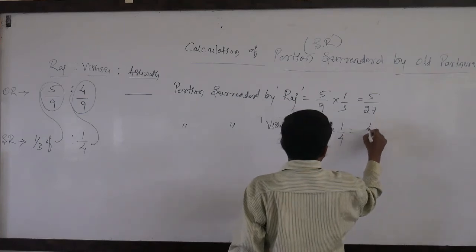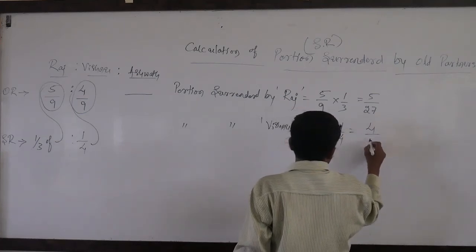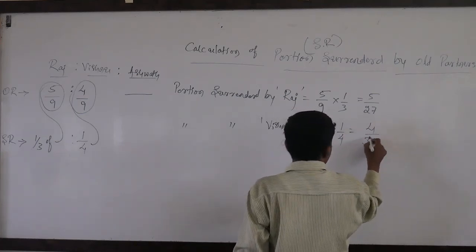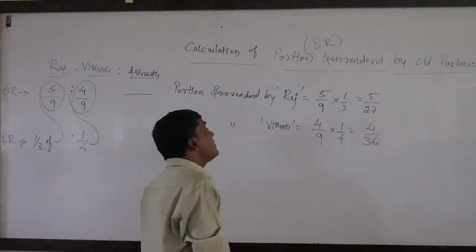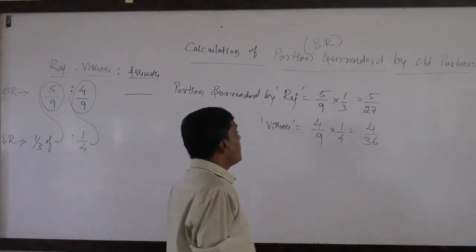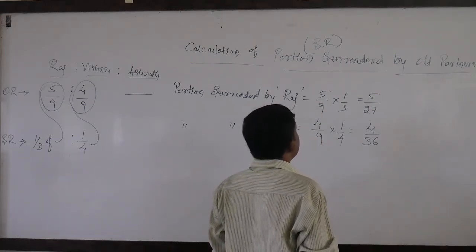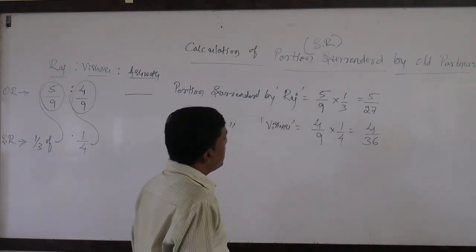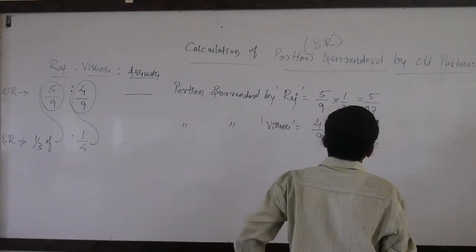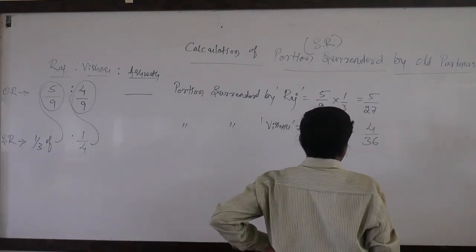Let us see. 4 ones are 4, 9 fours are 36. So we cannot get the ratio here. We need to get the common factor. So look here.